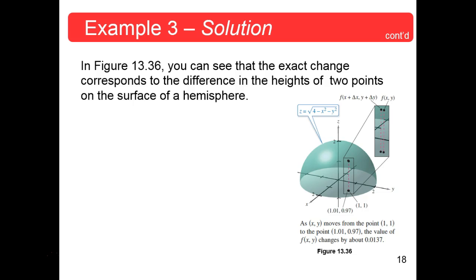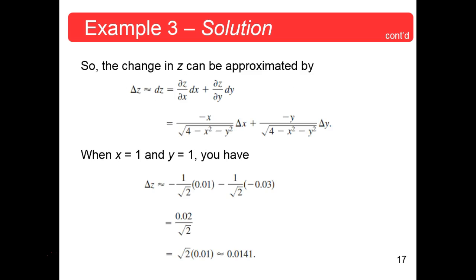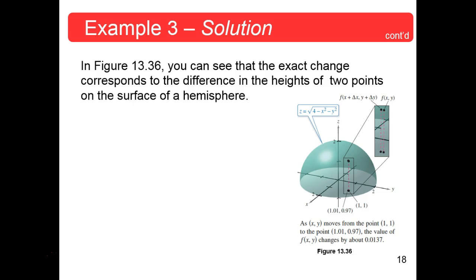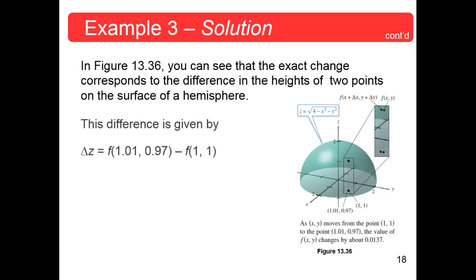And they show that changes the point about 0.0137 of that value, whereas the other one was 0.0141. So, wow, not a very good picture there, but I understand what they're doing there.